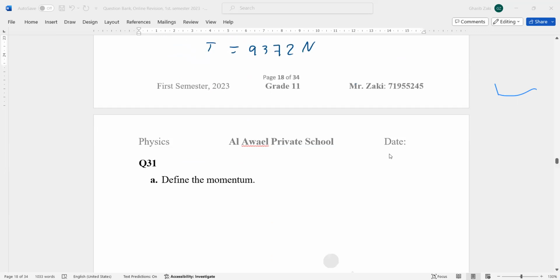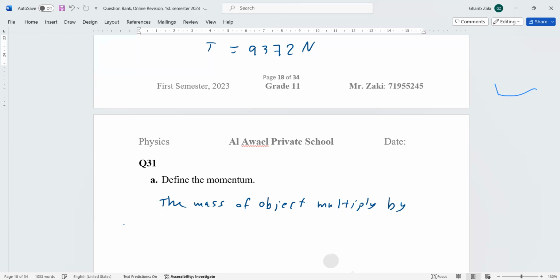Now, next question. Define the momentum. The momentum is the mass of the object multiplied by its velocity.